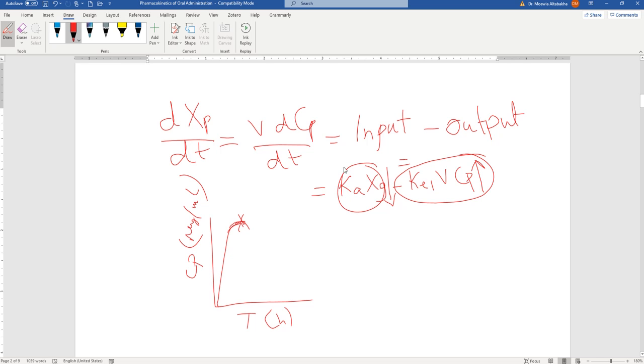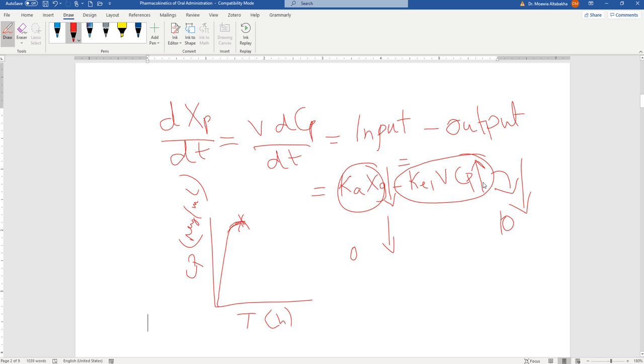Again, because the door is big. So actually the amount to be absorbed will be complete in a few hours. But the elimination is a much slower process. So what will happen? This will continue decreasing to almost zero, while this will start decreasing because now the output is becoming more than the input, so we have a decrease.